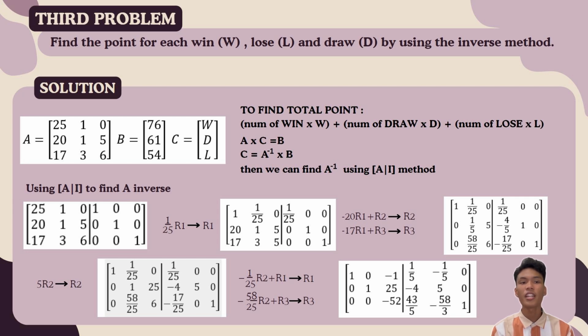So, we need an identity matrix which is 3 by 3. And then we apply ERO until we get RREF.